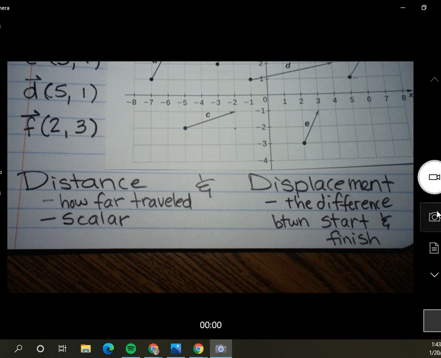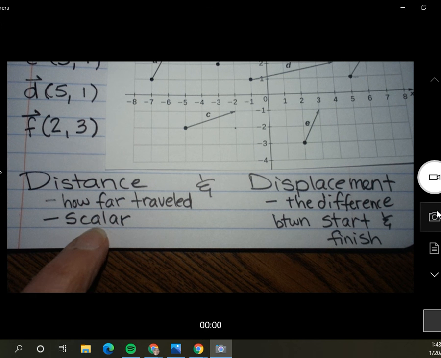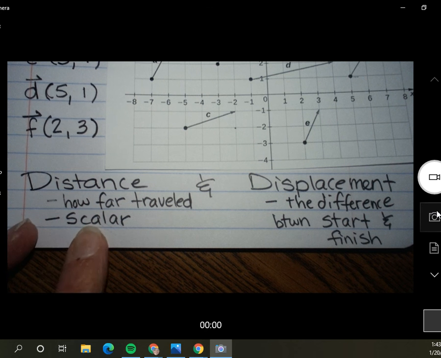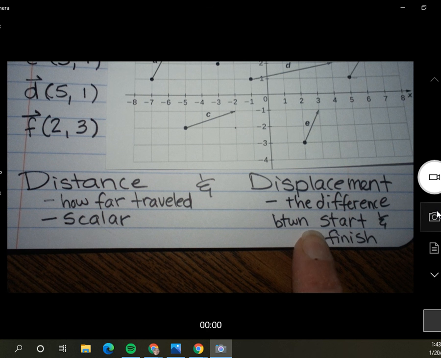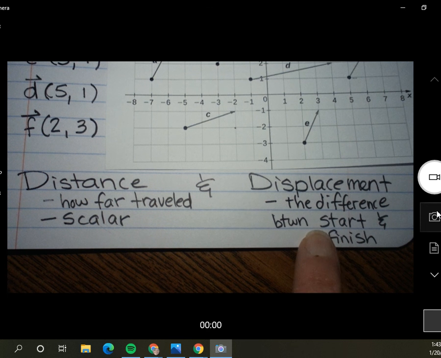No. I went home, I came back, I went home again, I came back again, I went and got lunch, all these kinds of things, right? So my distance might have been like 30 miles, but my displacement is 0 because I'm right back where I started. There is no difference between Tuesday afternoon and right now. Does that make sense?